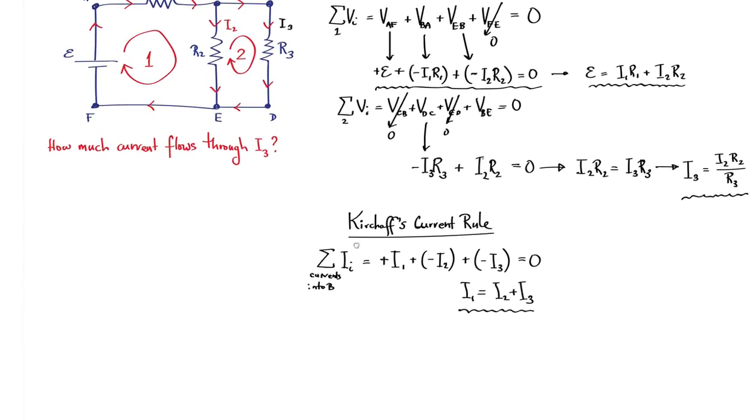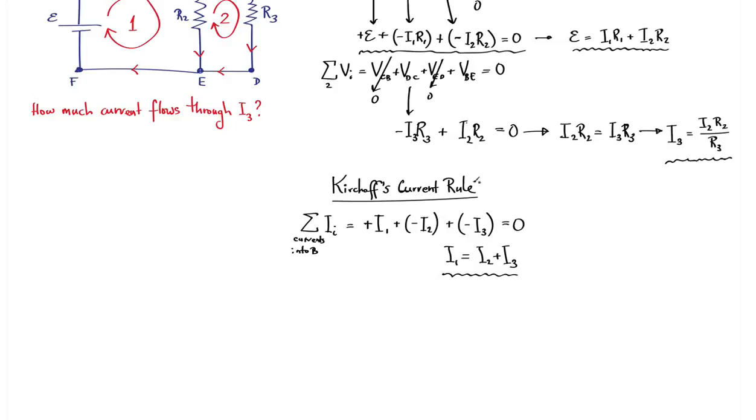It's pretty easy. So for instance, we know that I1 is equal to I2 plus I3. So I take this first equation up here. I know I can write E is equal to I2 plus I3, that's just I1, times R1 plus I2 R2, right? So I have now rewritten this in terms of I2s and I3s. So there's two unknowns.